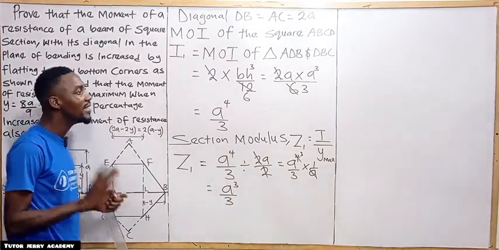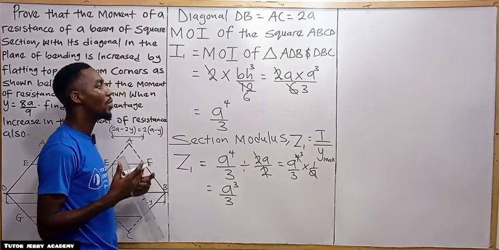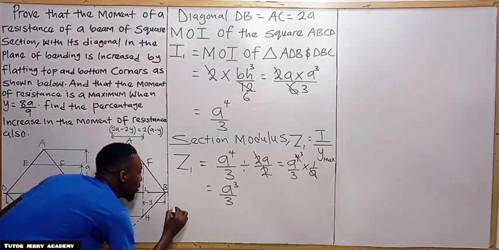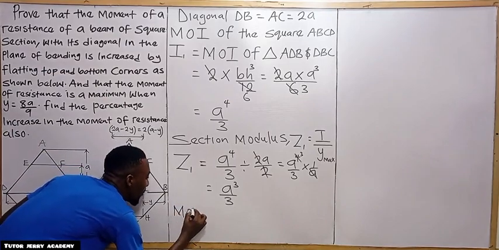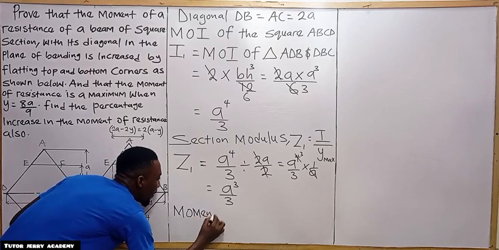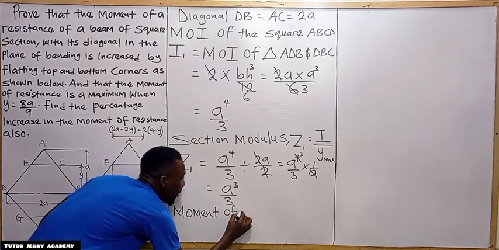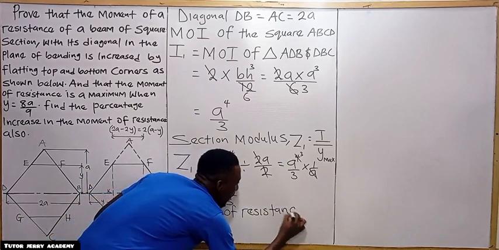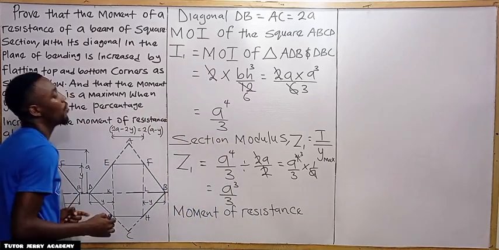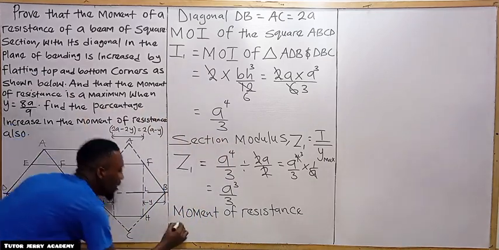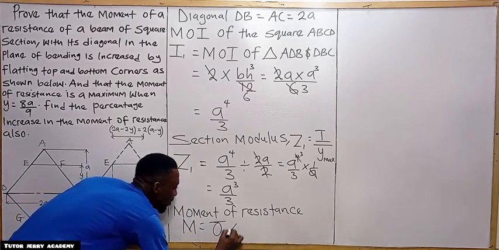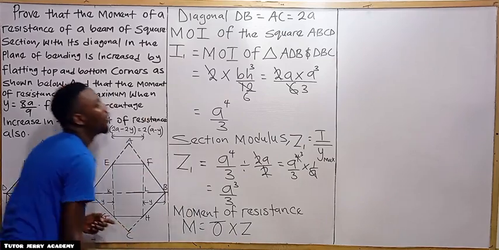Now, the next thing we are going to do is find the moment of resistance. We know that the moment of resistance, denoted with M, is equal to the stress multiplied by the section modulus.